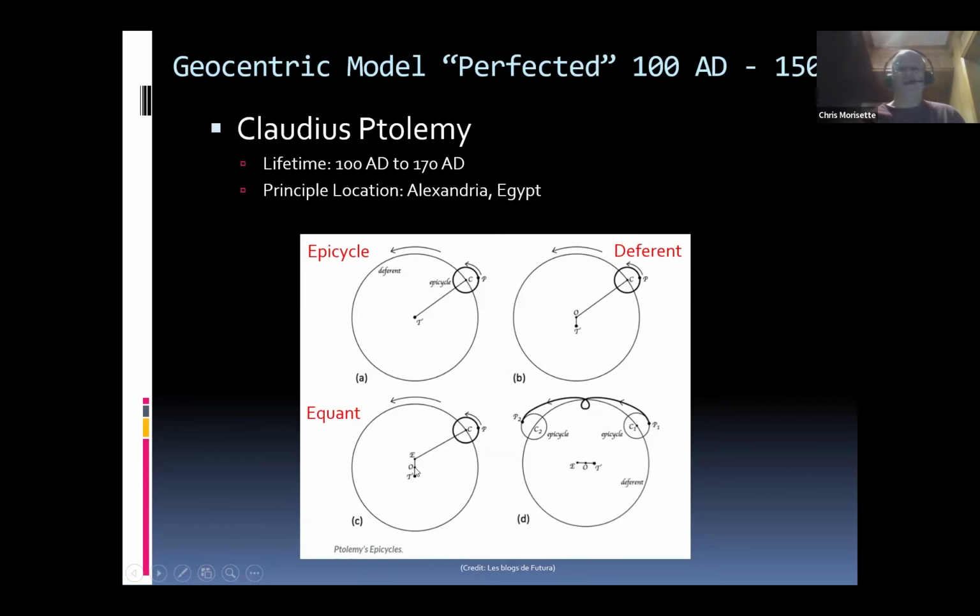He added an additional offset called an equant, and here you see the line of the equant going out to the center of the epicycle. And the effect of this offset was to give the orbit of the planet a more elliptical path. And he needed to do that in order to get the path that he observed up in the sky to match his model.